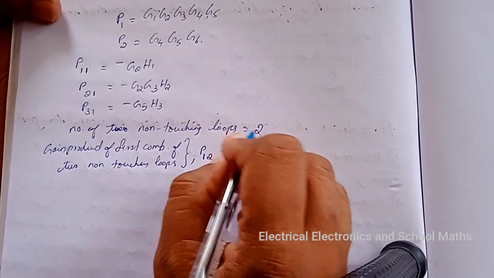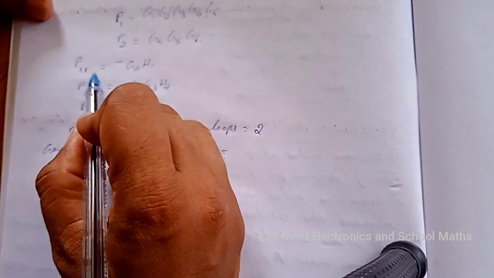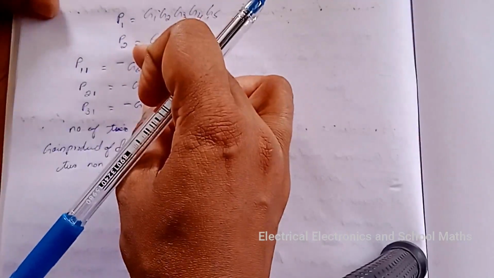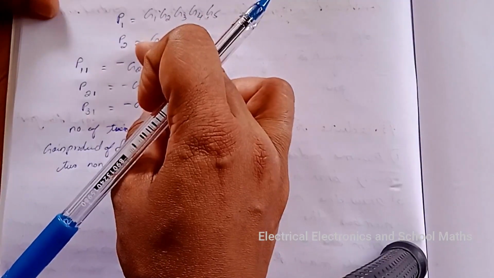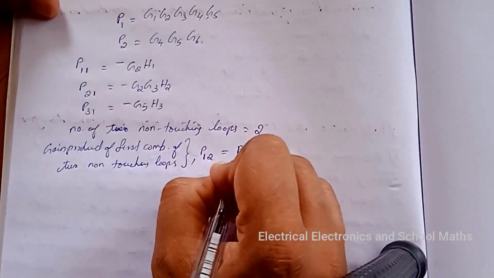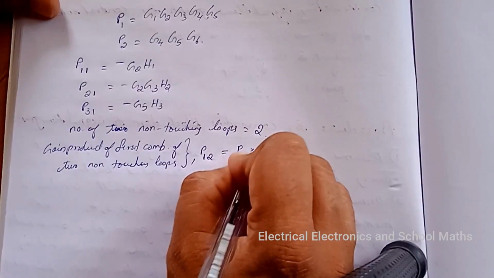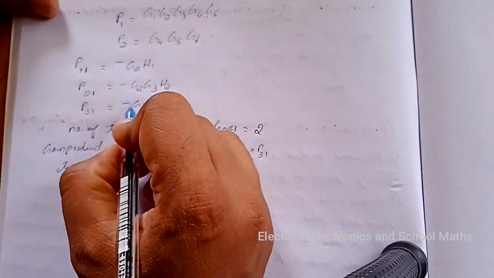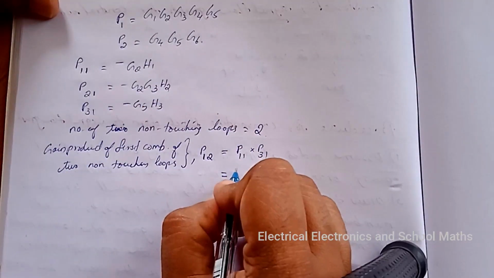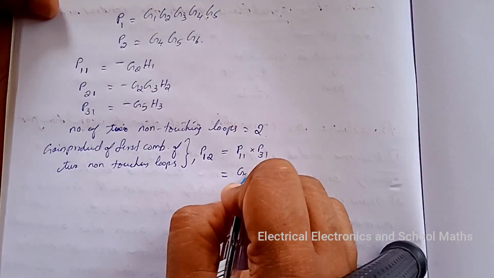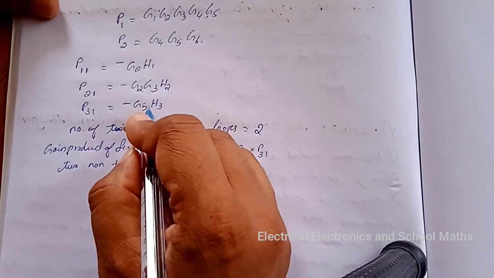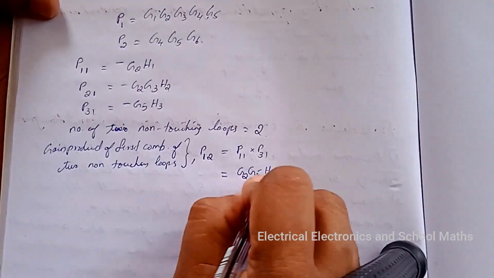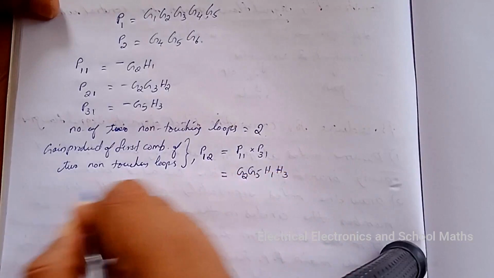That is P11 into P31, and minus minus cancels, so we get G2 G5 H1 H3.